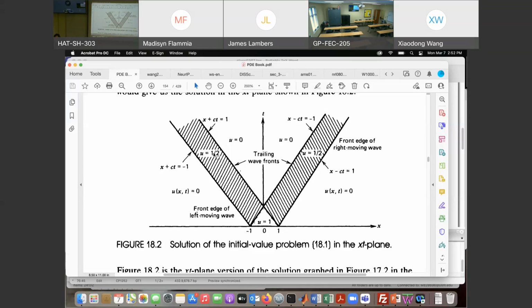So that's why in these shaded regions, the solution is equal to 1/2. Anywhere else, outside of these bands, the solution is equal to 0, because if I'm out here, for instance, in this region, and I draw a line of the appropriate slope from here down to the x-axis, going in this direction and going in this direction, no matter what, I'm going to land outside the interval -1 to 1. And therefore, the solution is 0.